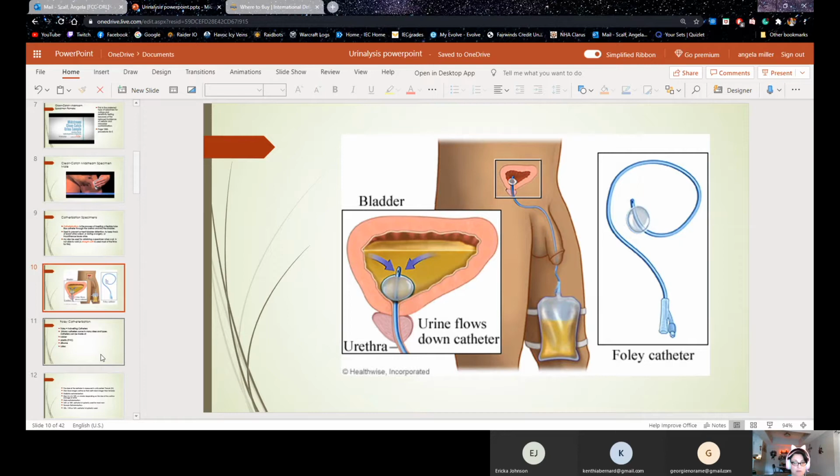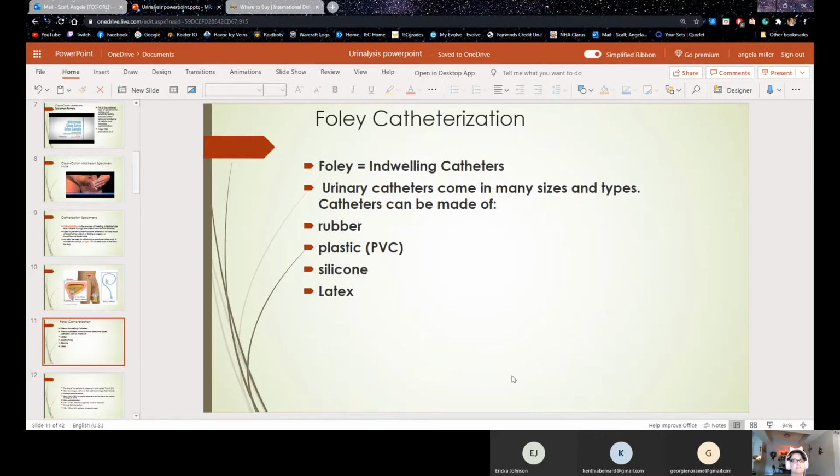Now, there are different sorts of Foleys, and Foley is the type of tube that we use to catheterize somebody, just the tube that we put in the urethra. These are called Foleys, and a Foley means that it is an indwelling catheter.